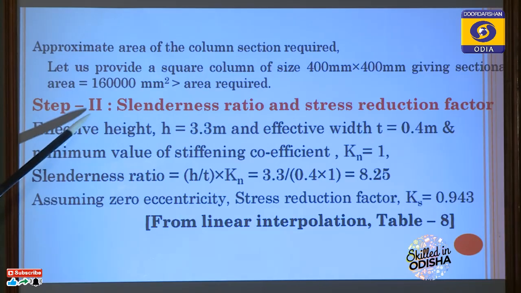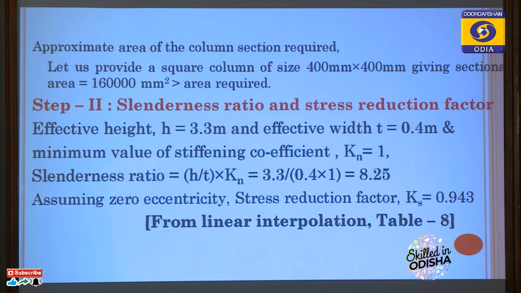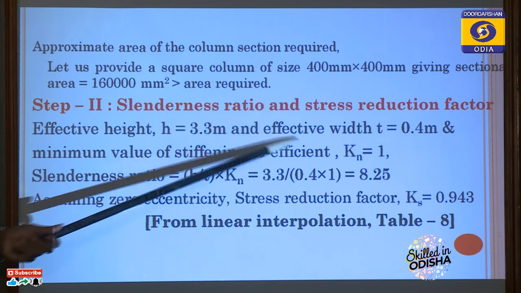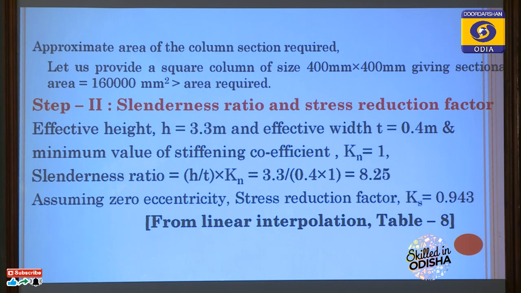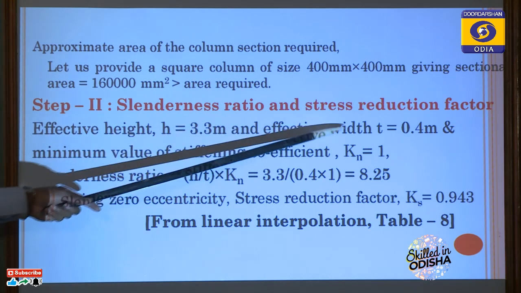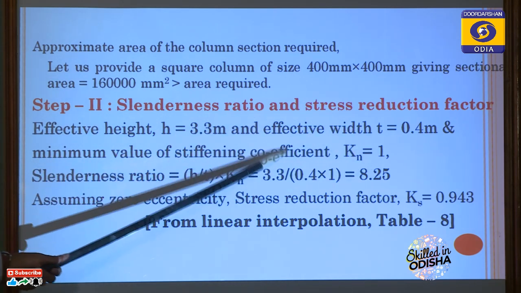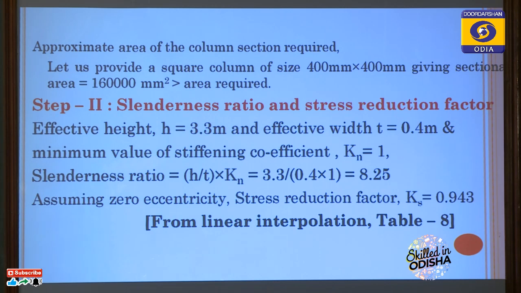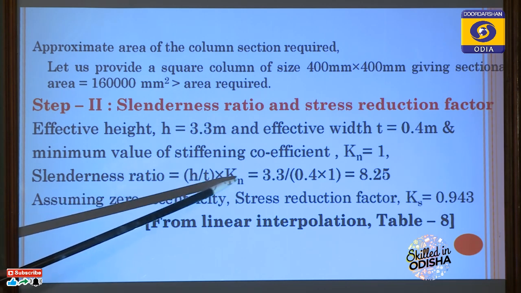In step 2, the slenderness ratio and the stress reduction factors are to be calculated. The effective height is already given as 3.3 meter, and the effective width is t equals 0.4 meter. It has been given in the code that for solid columns this t will be taken as the thickness, and the minimum value of stiffening coefficient Kn equals 1. How to calculate the slenderness ratio? It is H by t into Kn.